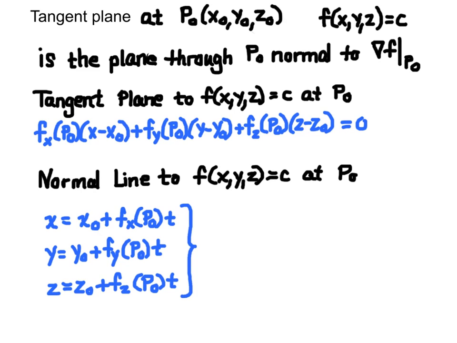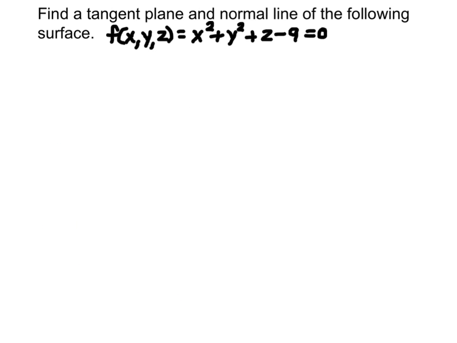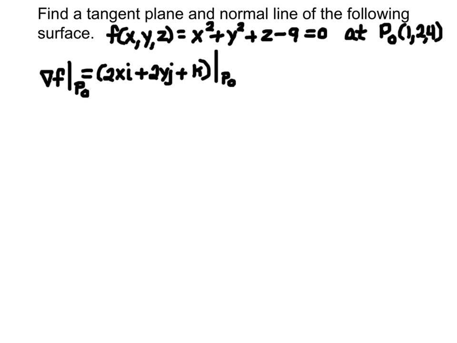Let's try an example of finding the tangent plane and the normal line of a surface. Find a tangent plane and normal line of the following surface at the point P naught. First, let's find the gradient at P naught.